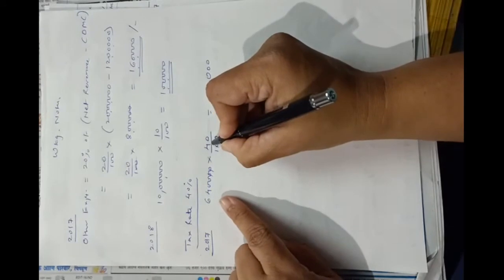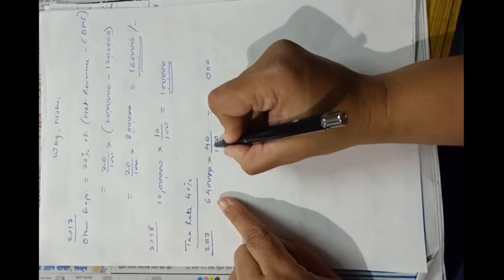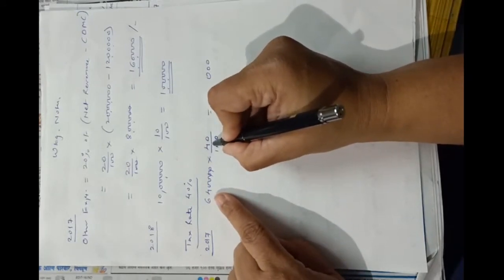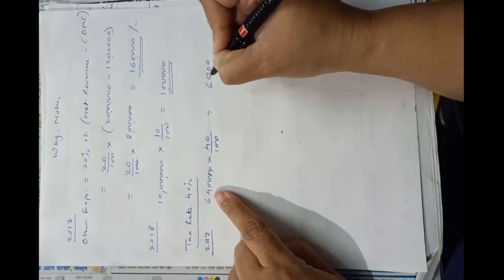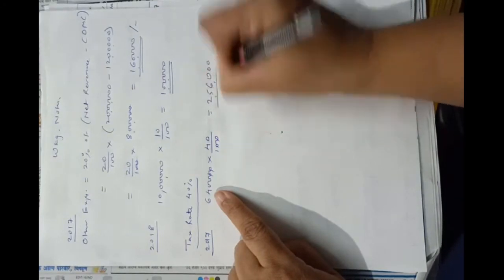Now we can calculate 64 into 4. Okay, so I will multiply 64 by 4. So it will be 2,56,000. In this way you have to calculate.